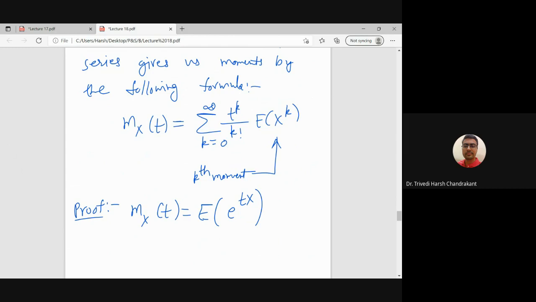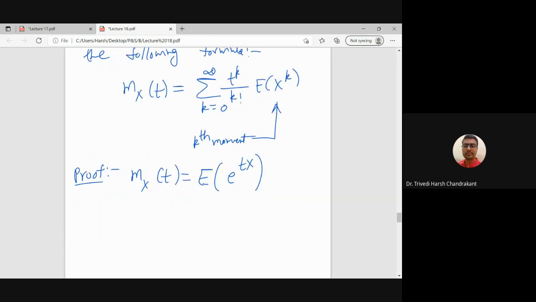So therefore, this term we can write as the expectation of the summation, k running from 0 to infinity, of t^k x^k divided by k factorial.